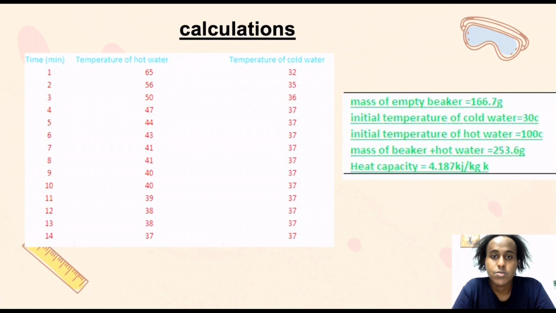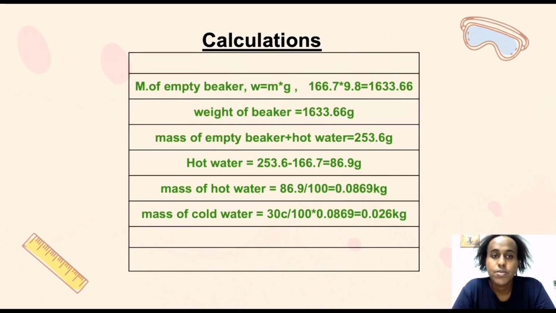The initial temperature of cold water is equal to 30 degrees. The initial temperature of hot water is equal to 100 degrees. Mass of beaker plus hot water is equal to 253.6 grams. Heat capacity is constant and is equal to 4.187 kJ/kg·K.